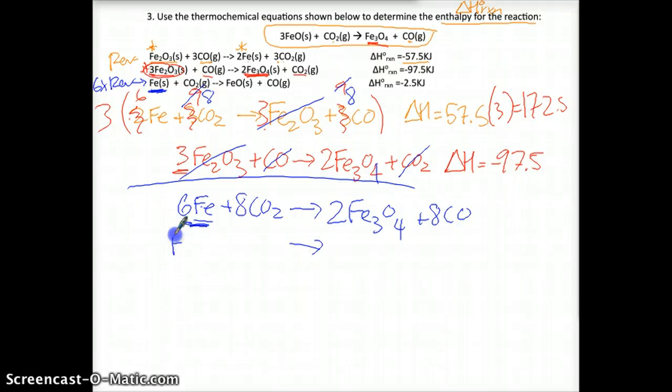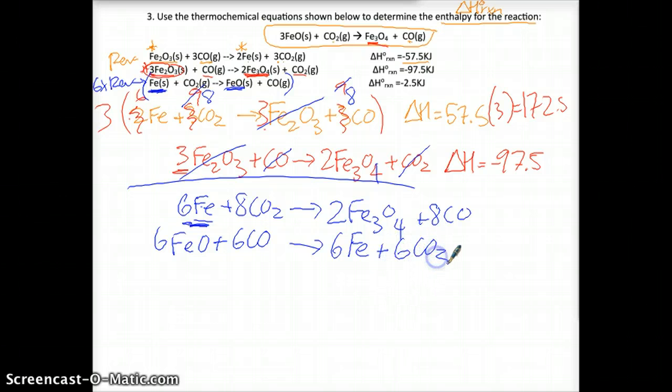I'm going to have FeO, 6 of them, times 6. This whole thing times 6 plus 6CO produces 6Fe plus 6CO2. My delta H for this step would be negative 2.5 times 6, which is going to give me negative 15.